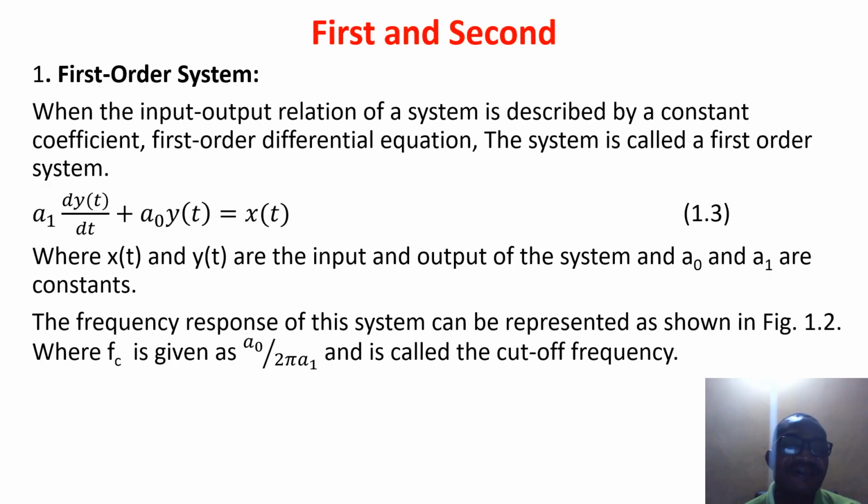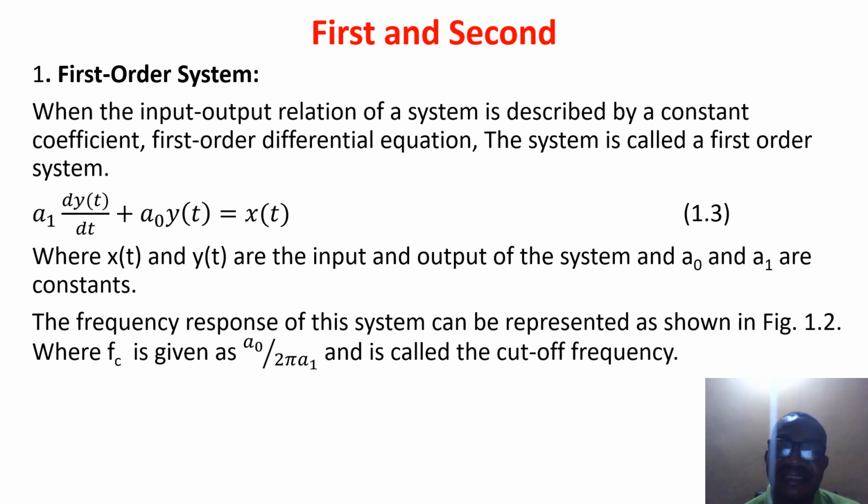So now let's look at first and second order systems. When the input-output relation of a system is described by a constant coefficient, first order differential equation, the system is called a first order system, as shown in equation 1.3: A1 dy/dt of t plus A0 y of t is equal to x of t.